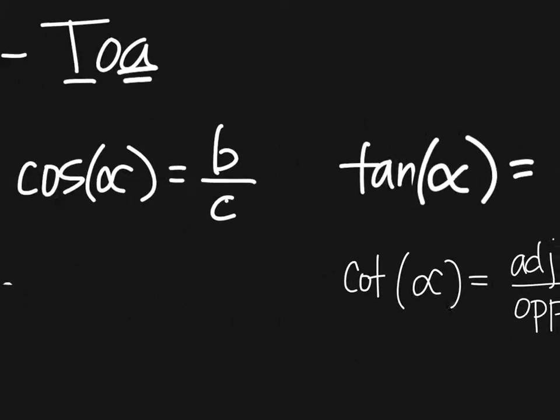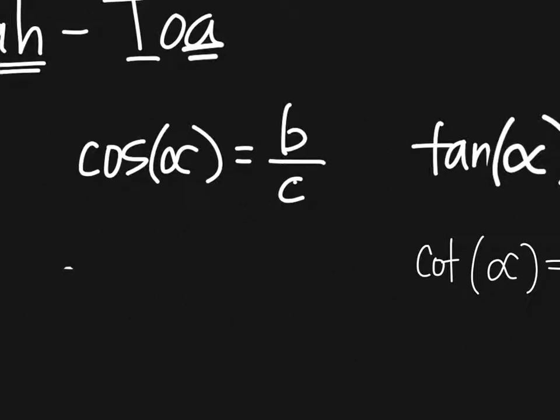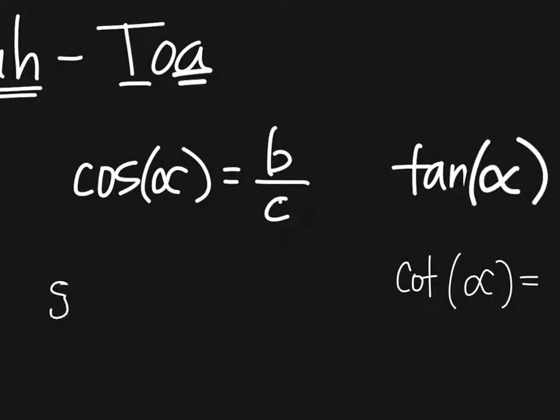If you work backwards, cosine also has a corresponding reciprocal. Its corresponding one is secant, but we abbreviate that as just SEC. And so the secant, based on the alpha angle, is the reciprocal of cosine.